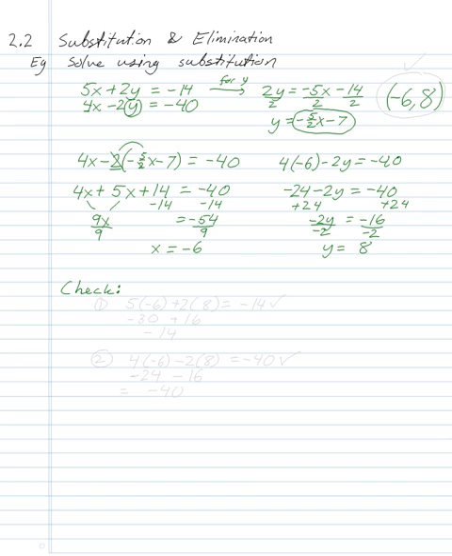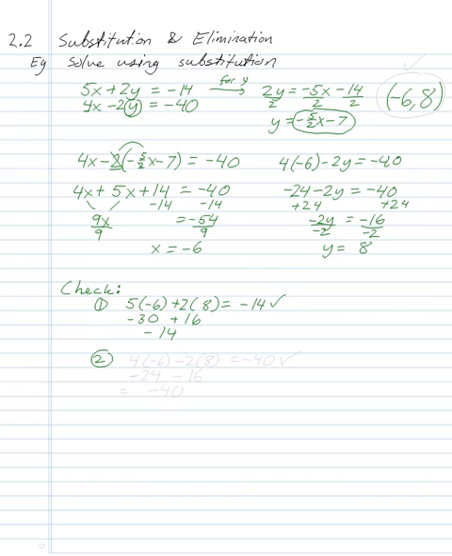So our first equation, if I substitute negative 6 in for x and 8 in for y, well, that would give me negative 30 and 16. So negative 30 plus 16 would give me negative 14, which is exactly what we wanted.